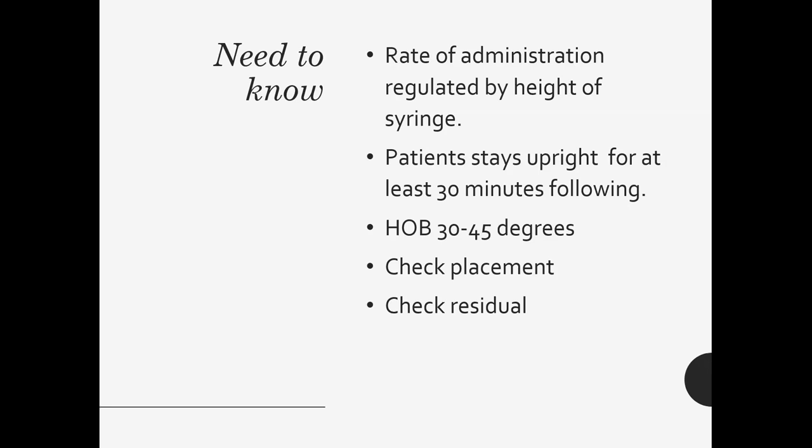Check placement and check residual. In the notes here, it has the specific steps listed. I also have a skills checklist in Canvas that you can look at that takes you step by step, kind of the order of how to do the procedure. So make sure you look at those.